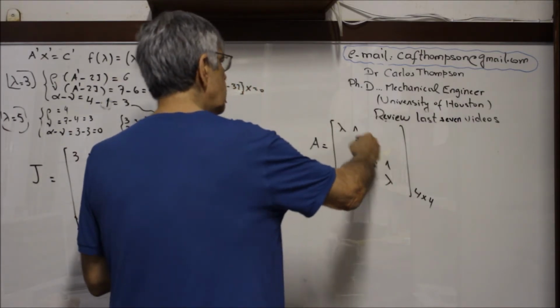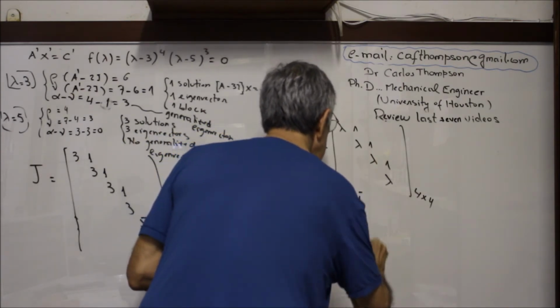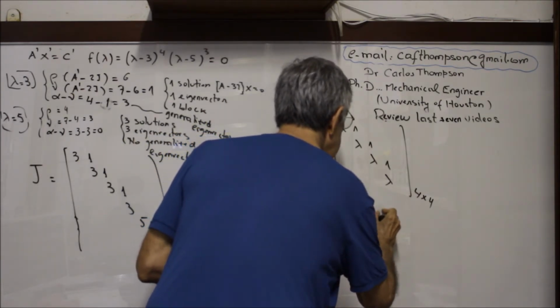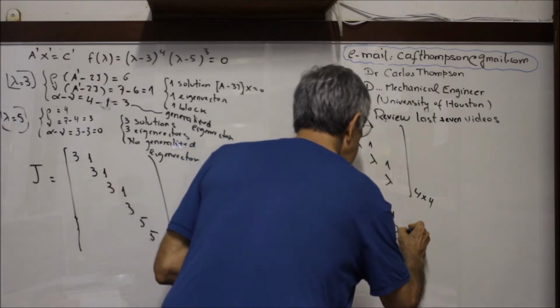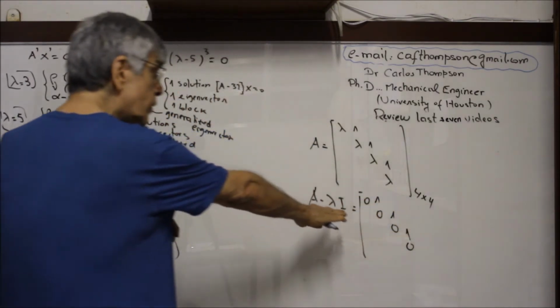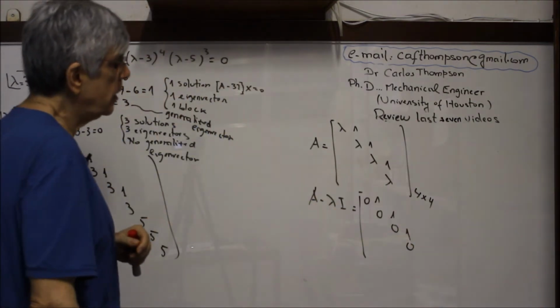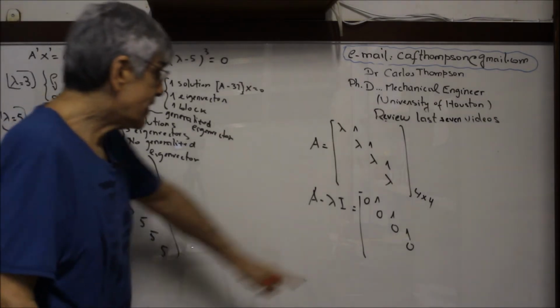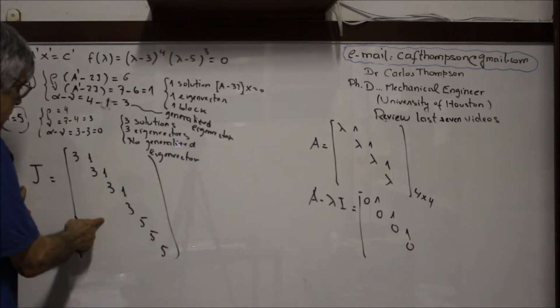I put Q, let's put 1. This is equal to 0, 0, 0, 0, 1, 1, and 1. There is no other way, okay, to distribute the super diagonal. This is the only solution. I have only 1 J.